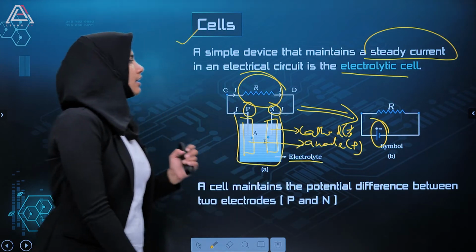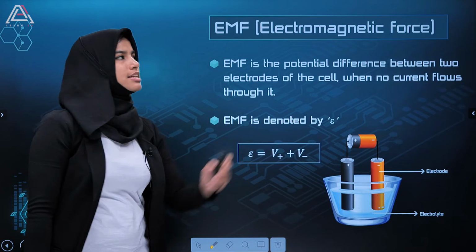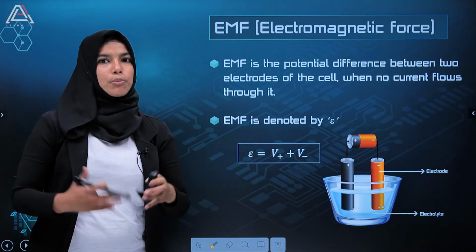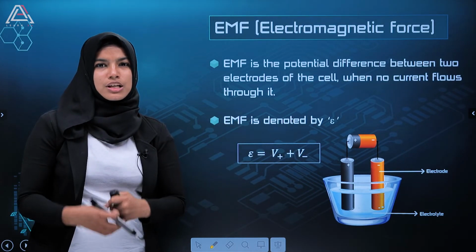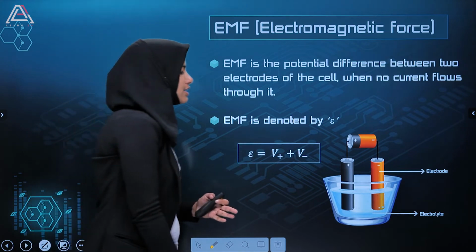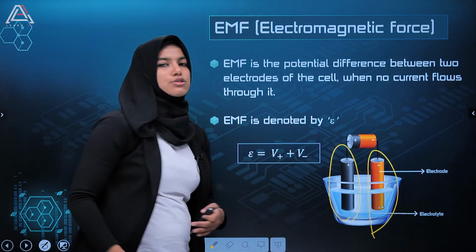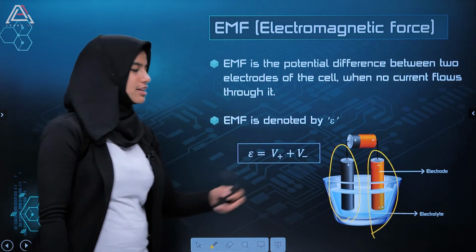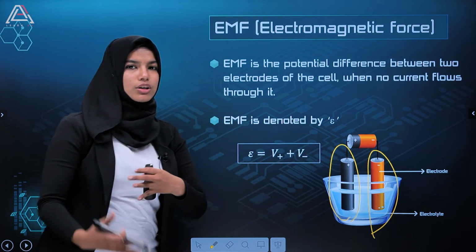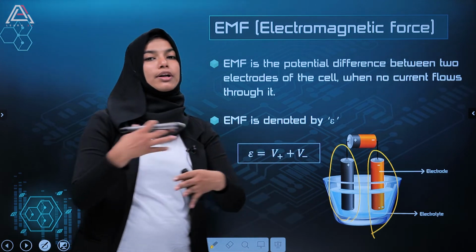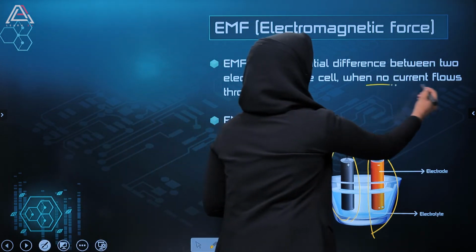Now the second term is EMF, or electromotive force. EMF is the potential difference across these two electrodes when we are not using the cell, that is, when no current flows through it.